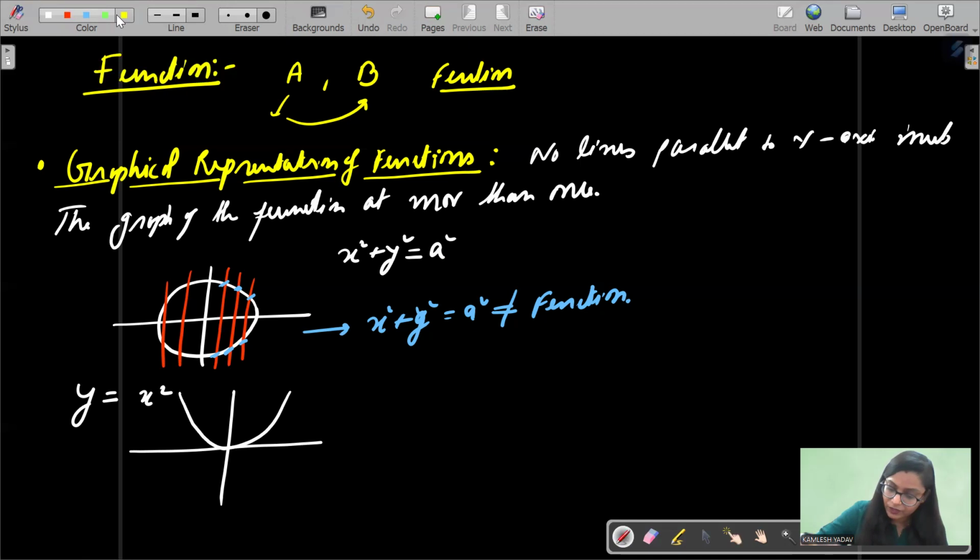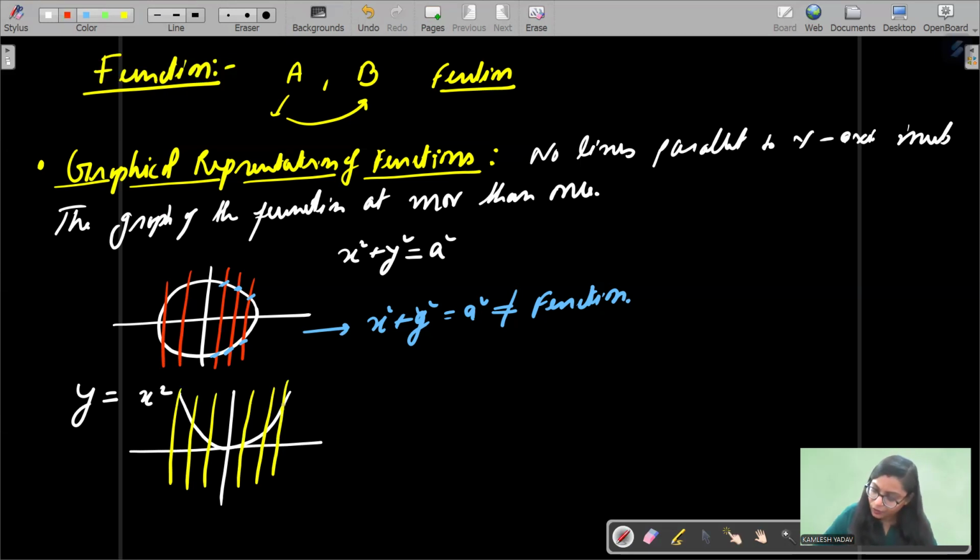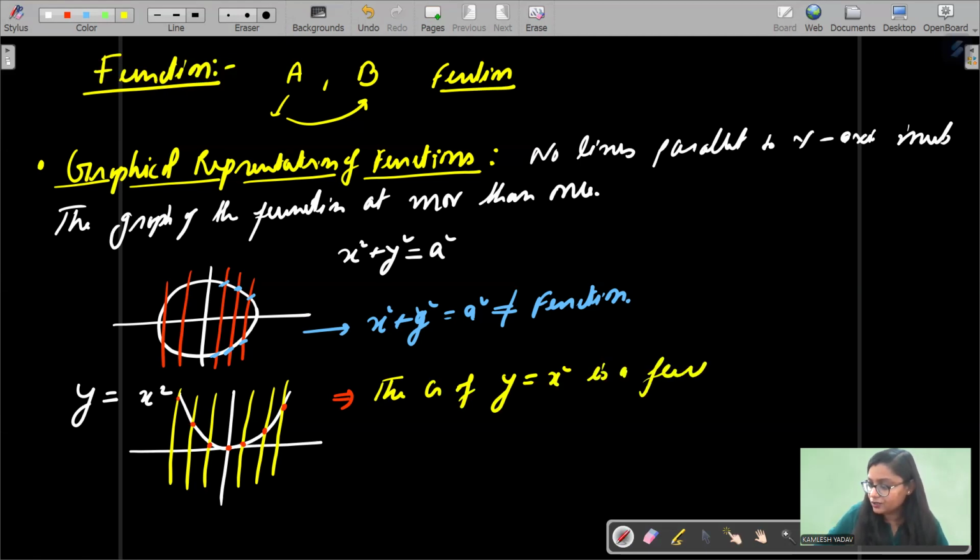When we draw a parallel line to the y-axis, we see it cuts only one point. It means the graph of y equal to x square is a function.